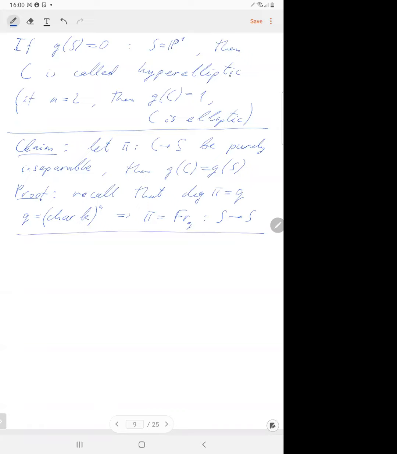Now, if we have a general situation, we can decompose our morphism into the composition of purely inseparable and separable.